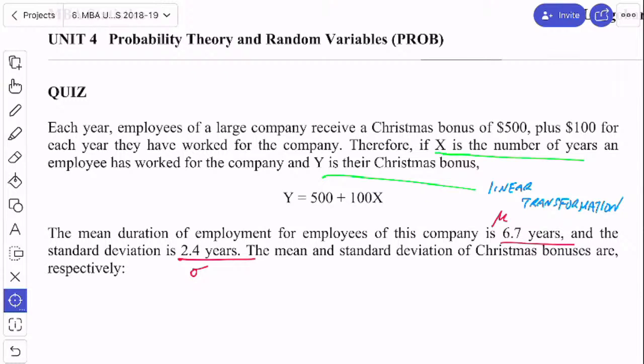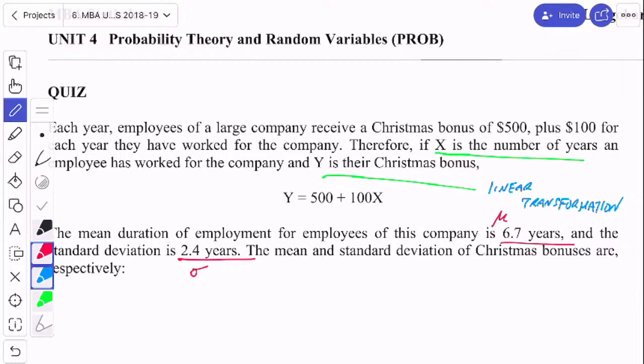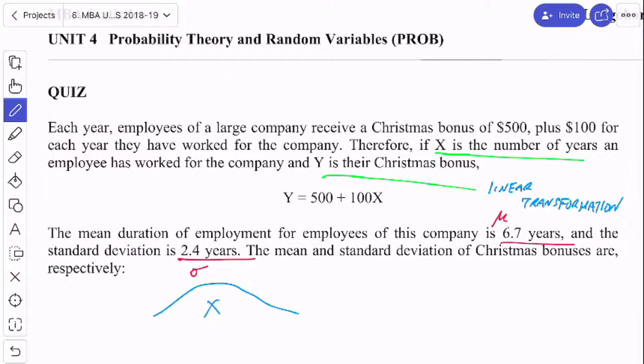So think about it for a minute. Even though I don't know the distribution, let's just use a kind of shape. Let's say X was shaped like this.